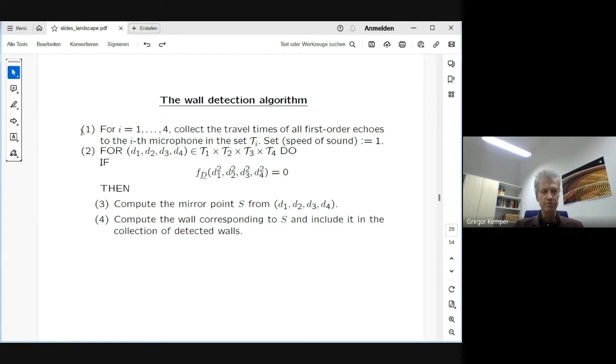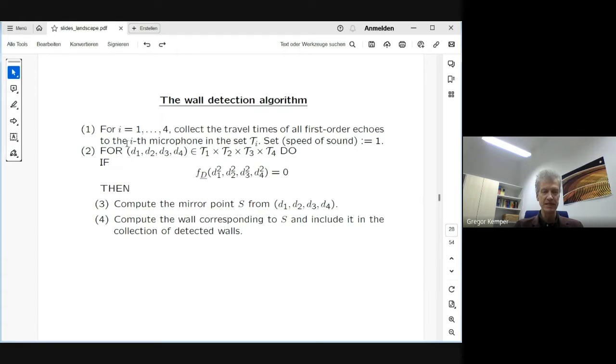Pre-processing step number one: first just collect the travel times, and therefore the distances traveled by the sound. This is for each microphone separately. You have lists of echoes that you received.